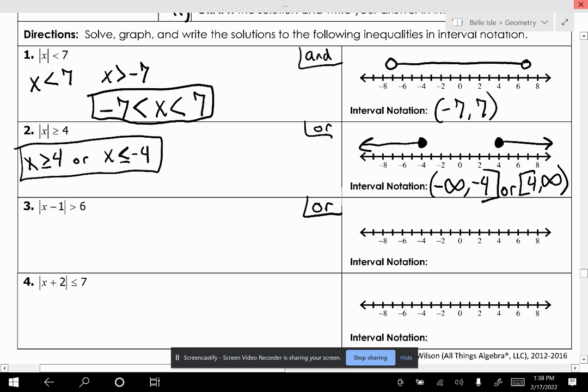So how are we going to write our second equation? So I've got x minus 1 is greater than 6, or x minus 1 is less than negative 6. Okay? You're going to solve both.